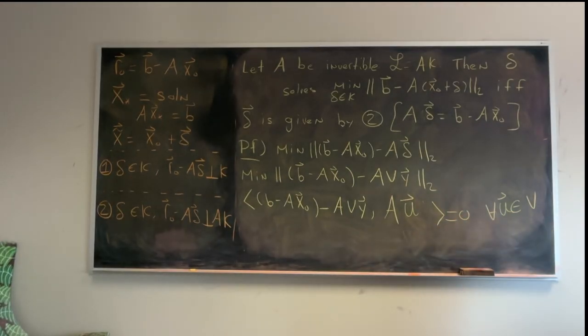U is in V. So as U runs through V, A times U is going to run through L, because L is equal to A times K.